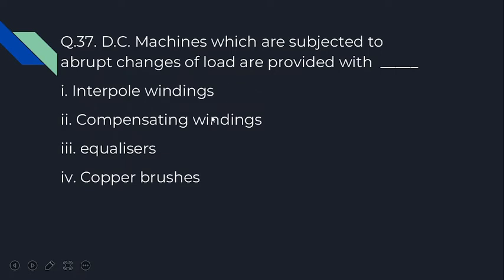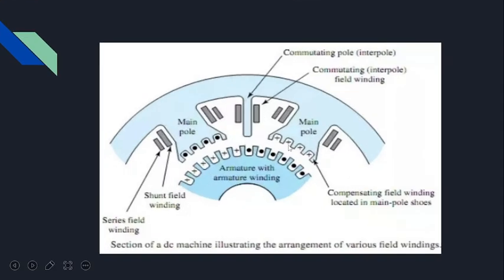Whereas compensating windings, you can look here, I have also shown compensating windings. These are the compensating windings. They are placed in the face of the pole shoe, and are used to reduce the spark and have a smooth commutating system.